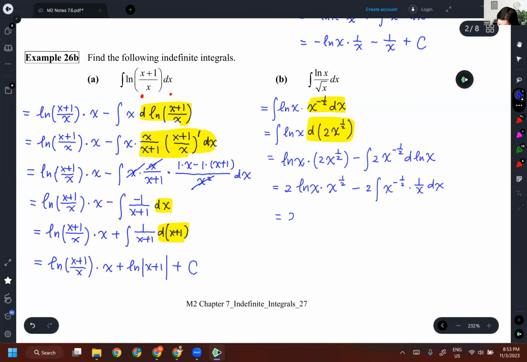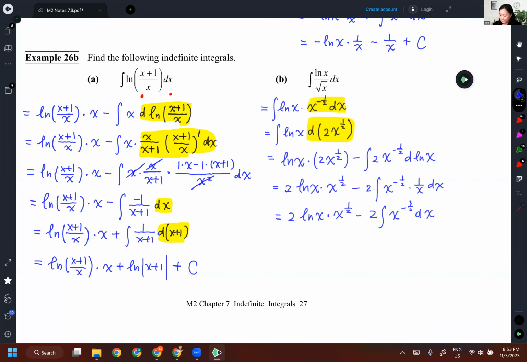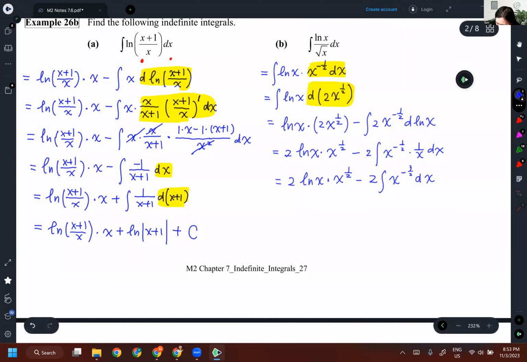And then 2 log x, x to the 1 over 2, minus 2 x to the negative 3 over 2 dx. And that is 2 log x, x to the 1 over 2, minus 2 times 1 over negative 3 over 2 plus 1, close bracket, x to the negative 1 over 2.